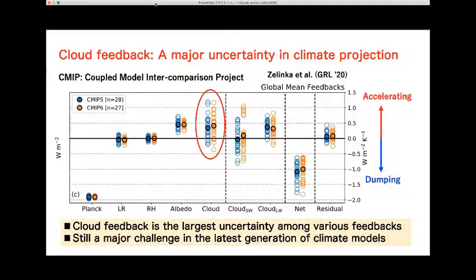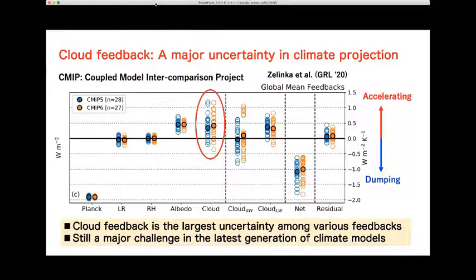And shown here is just a highlight from very recent studies or analyses looking at the state-of-the-art global climate models in terms of the so-called feedback processes that complicate the climate responses to, for example, greenhouse gas emissions.